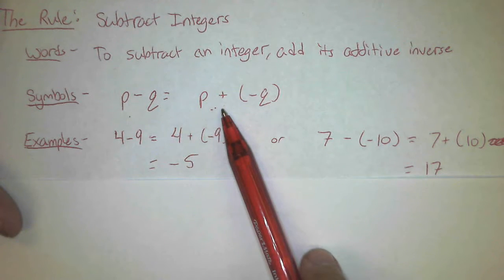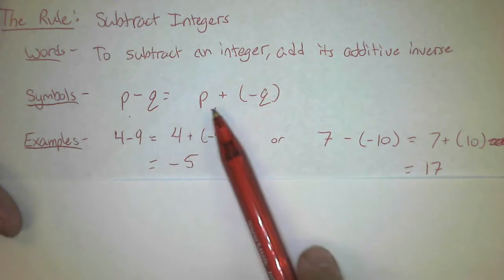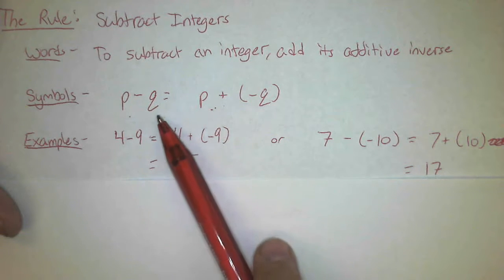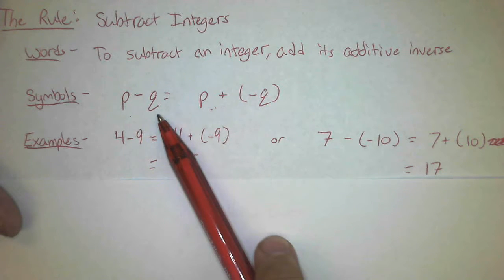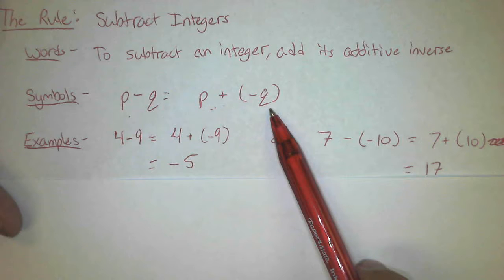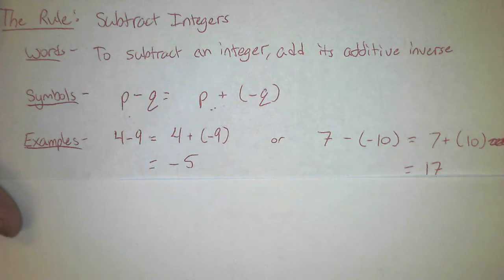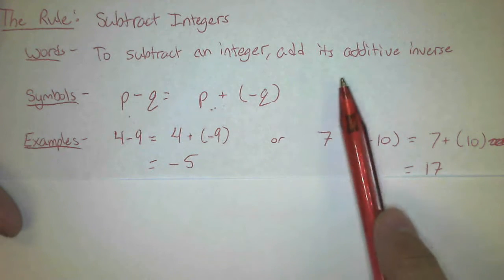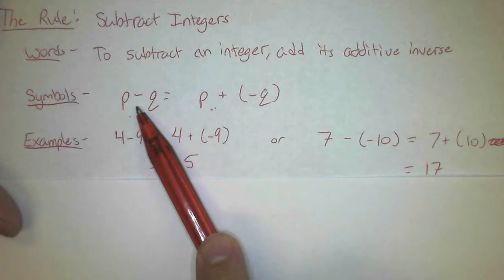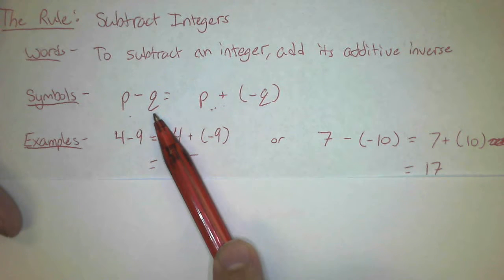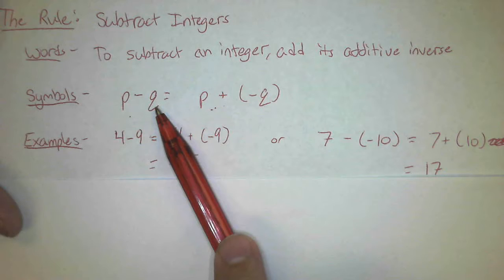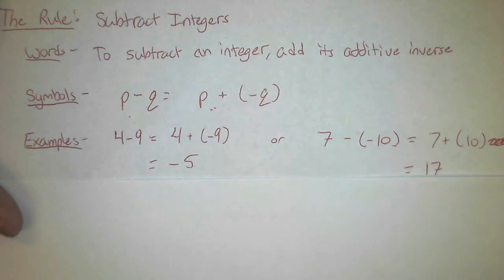We changed the sign from subtraction to positive, and we also changed that a positive q turned into a negative q. So again, we add its additive inverse, so we're changing that to addition, changing that sign. So if this was a negative q, it would have turned into a positive q.